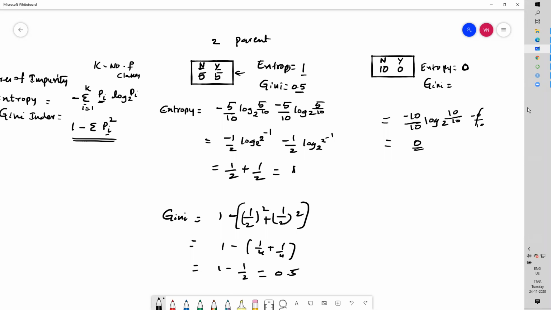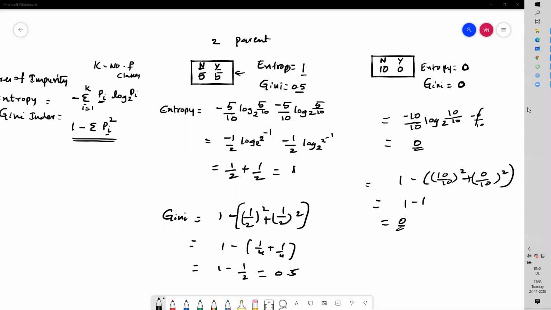And similarly, let's see Gini. Gini is 1 minus 10 by 10 whole square plus 0 by 10 whole square. So this is 1 minus 1, 0. So Gini is also 0. So the purity of a node is decided by the value of entropy or Gini. If entropy is 0, that means the node is a pure node.